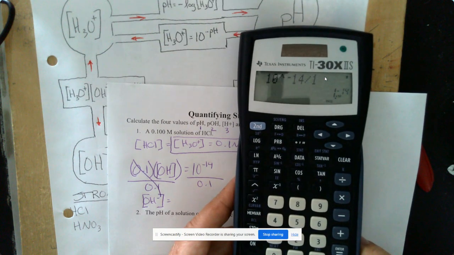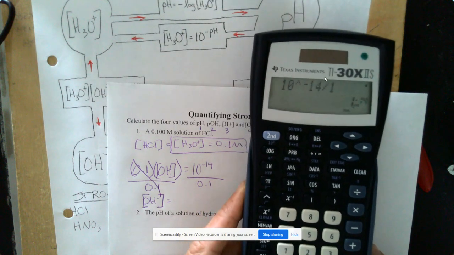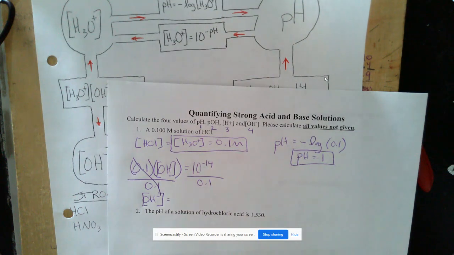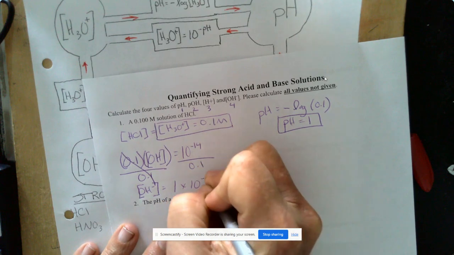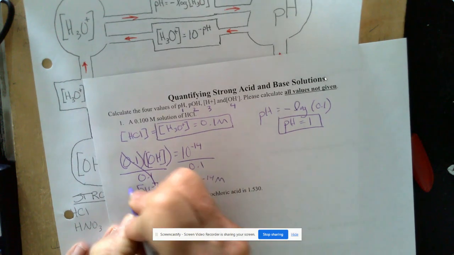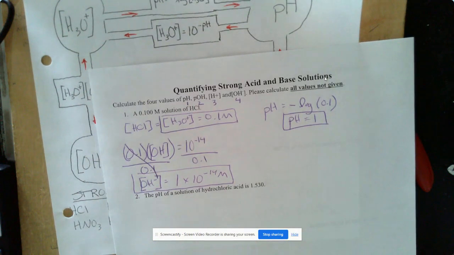And we're going to get 1 times 10 to the negative 14. So that's the concentration of the hydroxide.